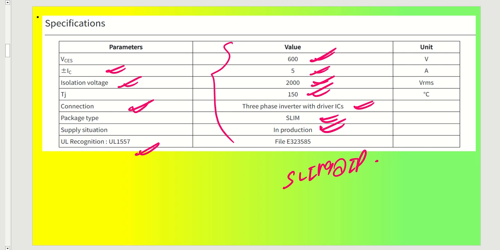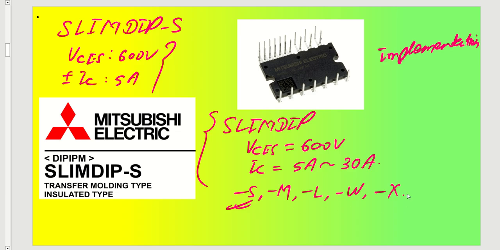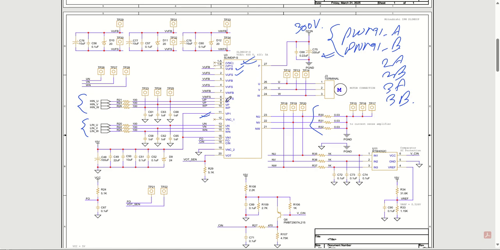However, good, you now have a good understanding of how we can design a circuit for intelligent power modules using SLIMDIP-S, and we'll come up with other parts as well, like SLIMDIP-X, with a higher power range or higher capabilities. To start with, I have given you a circuit for SLIMDIP-S right now. You can use this circuit as a reference, and you can start designing your own circuits and control by yourself.